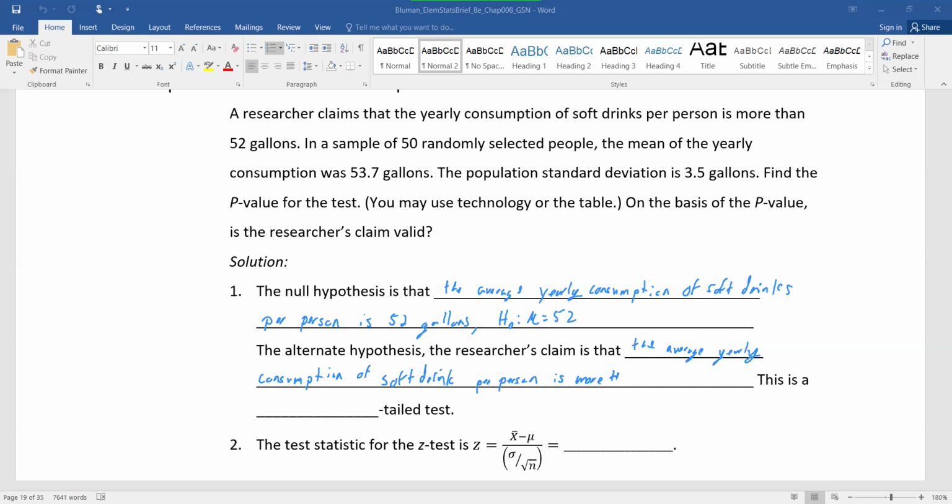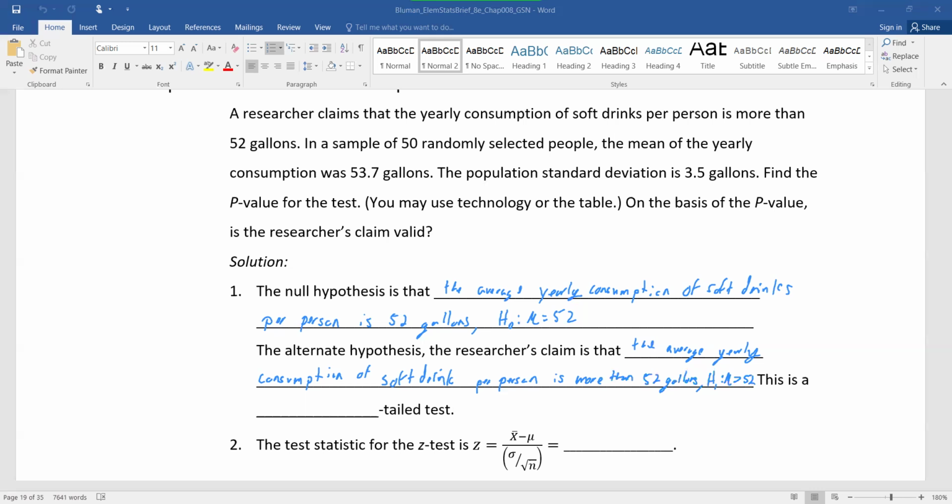I would accept greater than, increased by, or whatever. And we will denote this as H1, where the population mean is greater than 52.